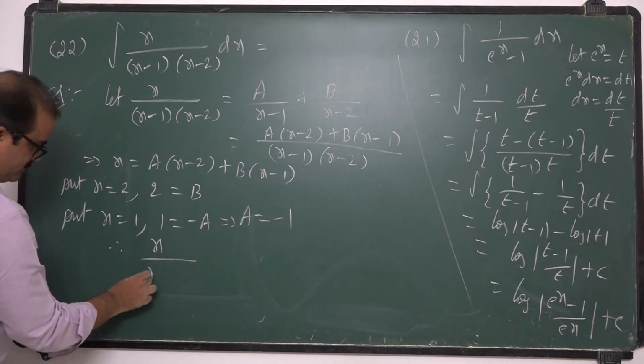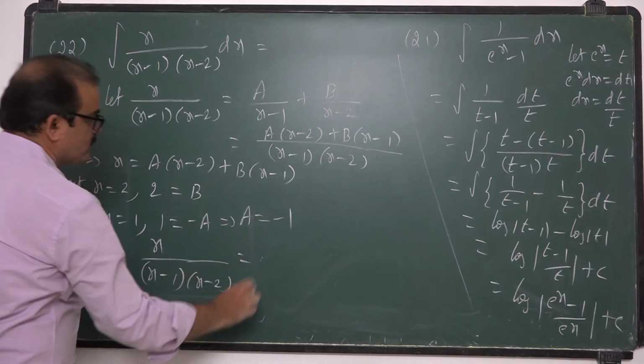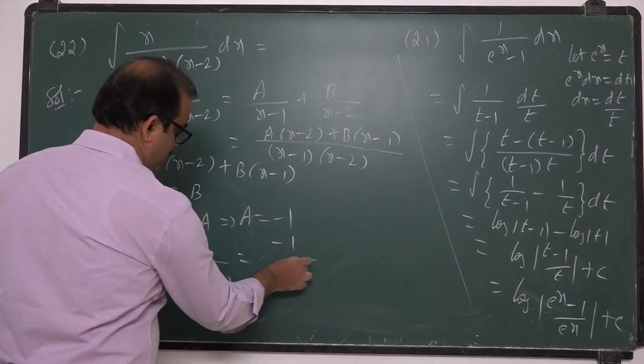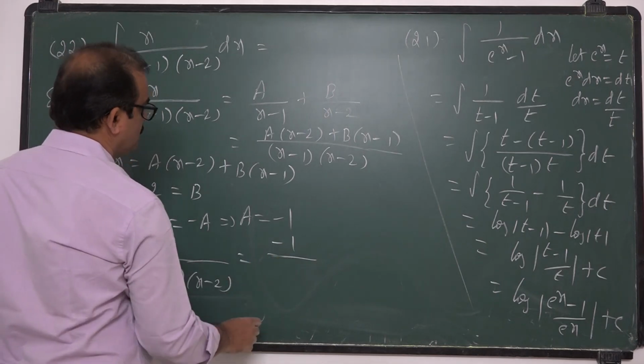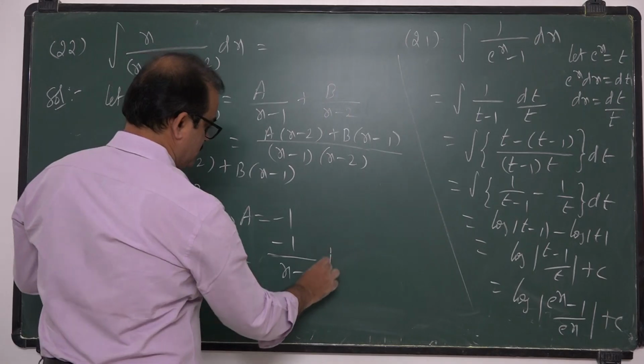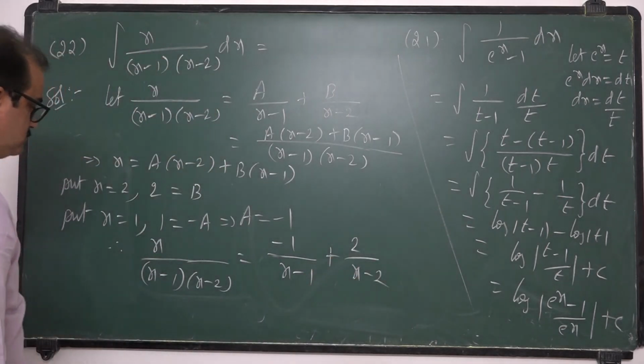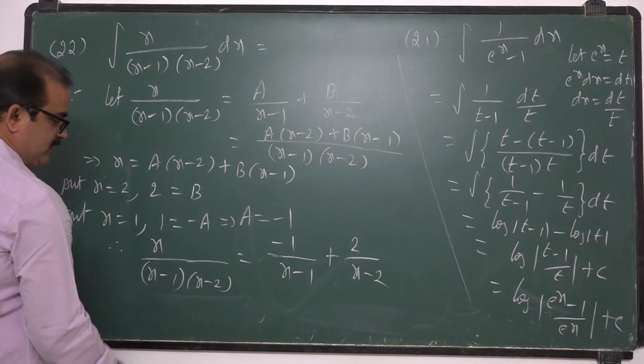Substitute a value and b value here. x by x minus 1 into x minus 2 is equal to a, minus 1 by x minus 1, b, 2 by x minus 2. Now integrating both sides.